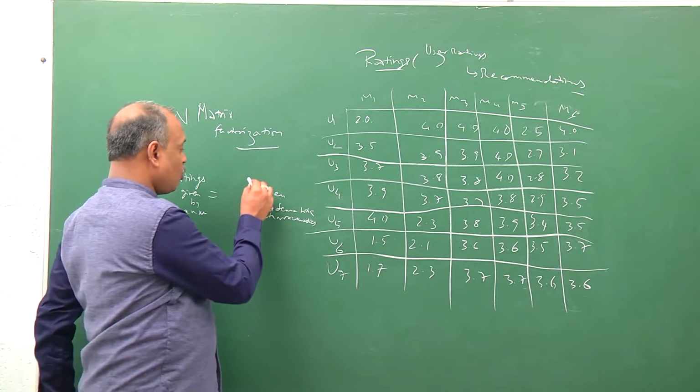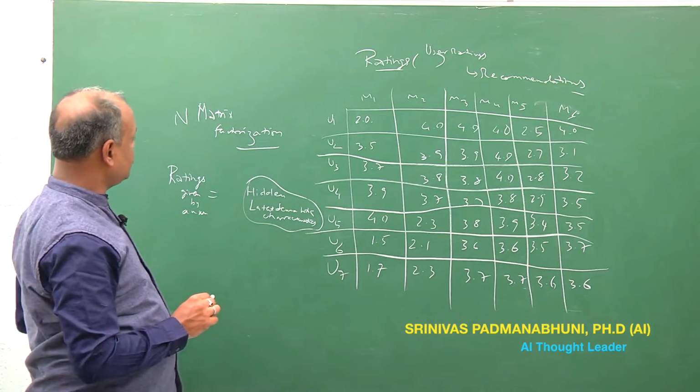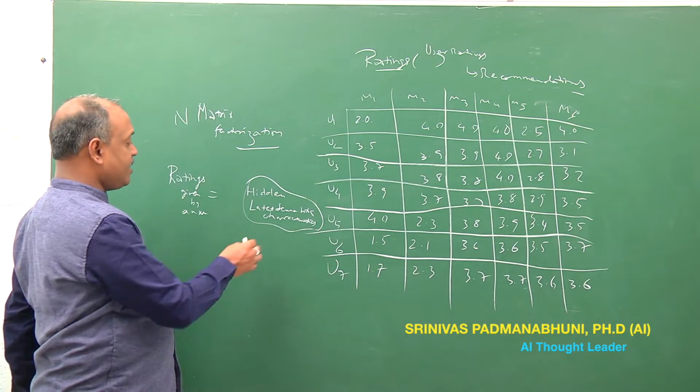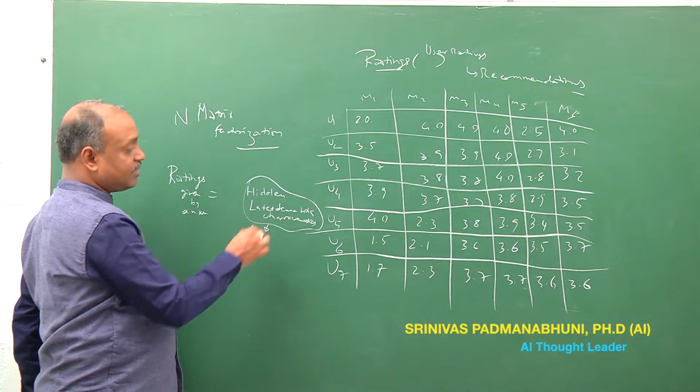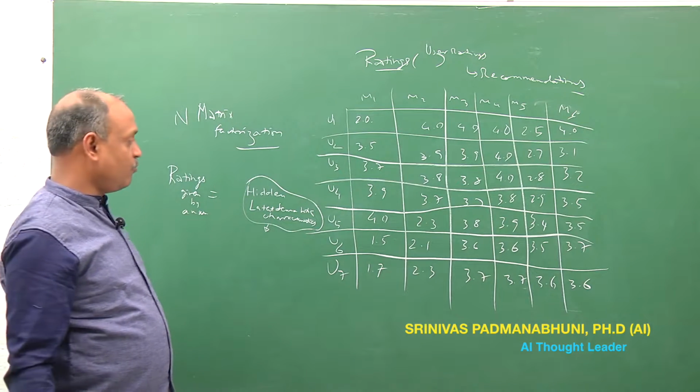So our goal, using some kind of a machine learning approach, which may be some technique like non-negative matrix factorization, is to identify what are the characteristics which make users vote so to the corresponding movies.